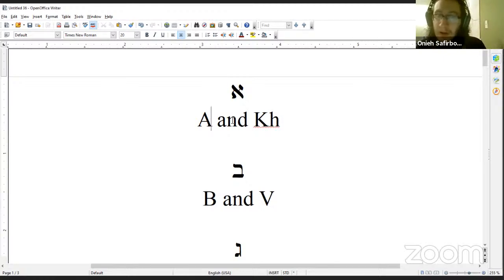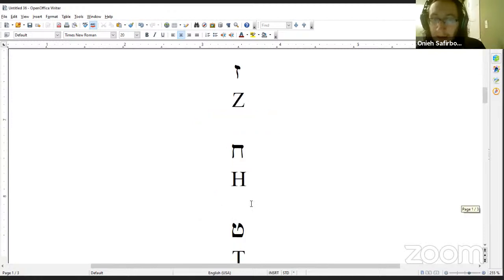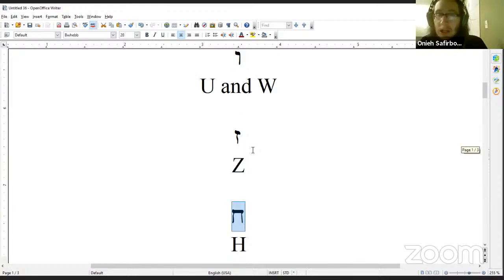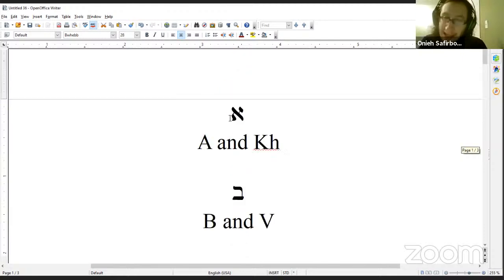That guttural sound of Ch is typically associated with the letter Het. The traditional Hebrew pronunciation of that is a harder ch sound, and that same harder ch is what I assign to the letter Aleph, because, like I said, the vowel sound ah naturally produces that guttural ch sound.